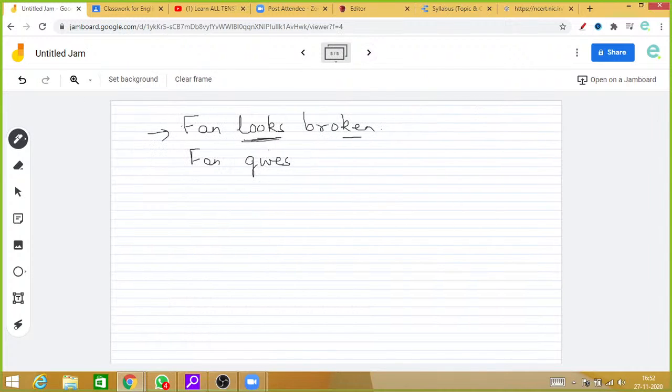Or fan goes round and round. Even this is good enough because goes is the verb here. Looks is the verb here.